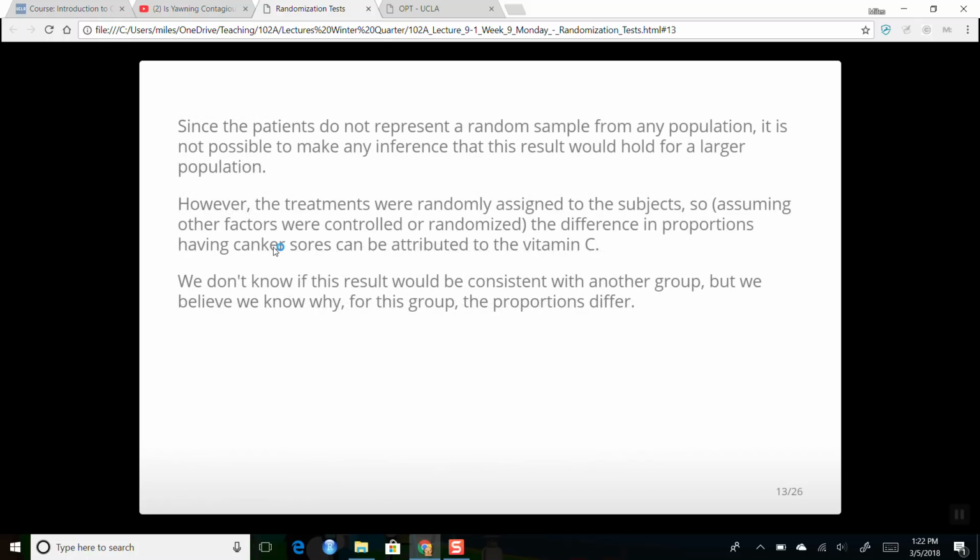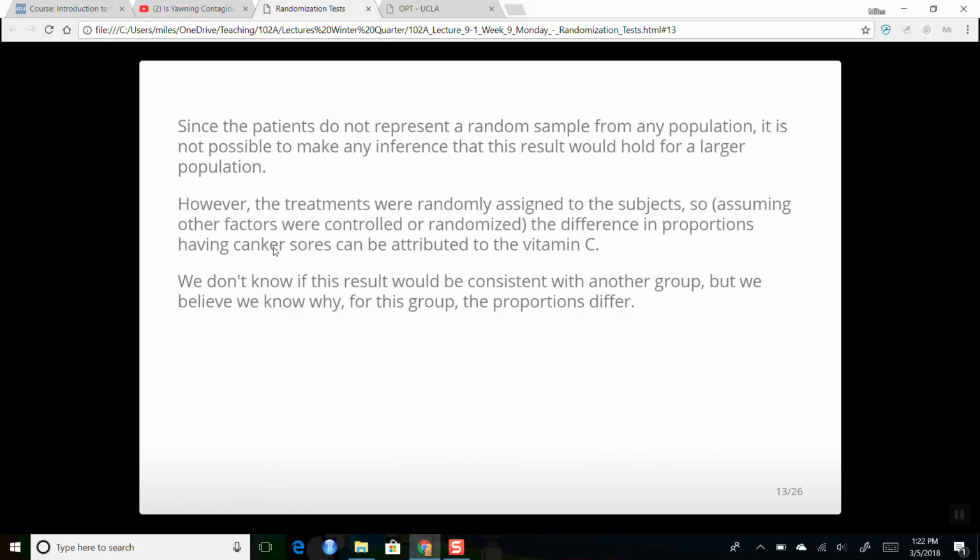Once again, we do not have a random sample, so we can't generalize to a larger group, but the treatments were randomly assigned. So assuming everything else was controlled or randomized, the difference in proportions of canker sores can be attributed to the taking of vitamin C. We do not know if this result would be consistent with another group, but we do believe we know why the proportions differ for this group.